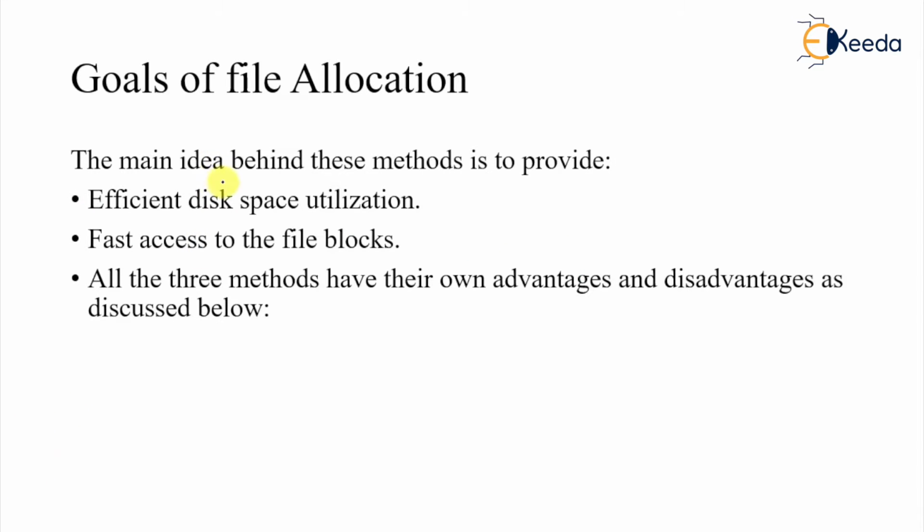Now when we are allocating a file on the disk, there must be a few criteria that must be satisfied. The first is that we must be able to access files easily, or faster access. Then it must utilize the entire storage efficiently.